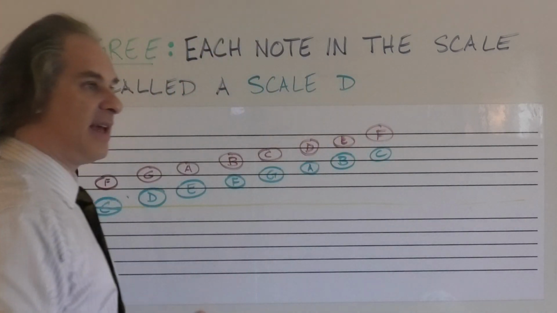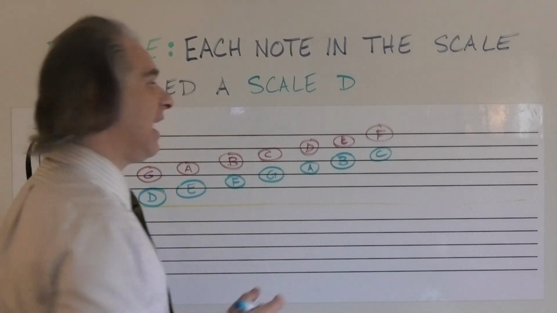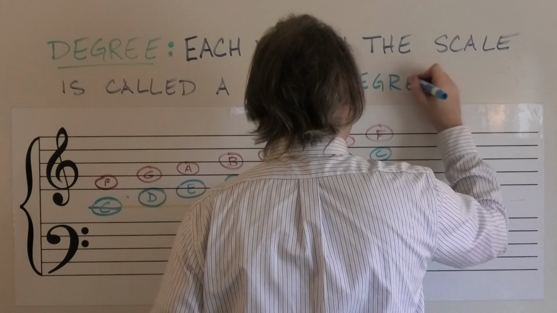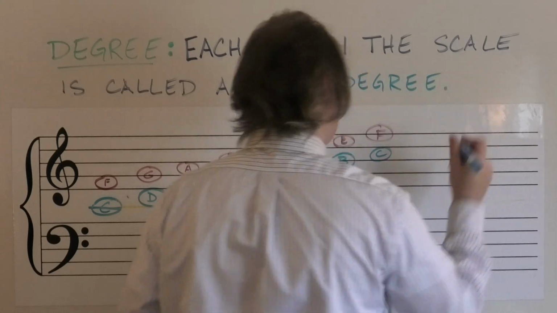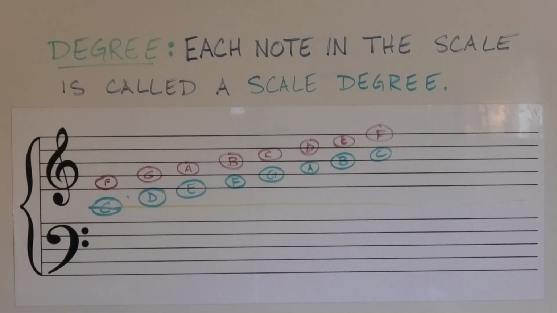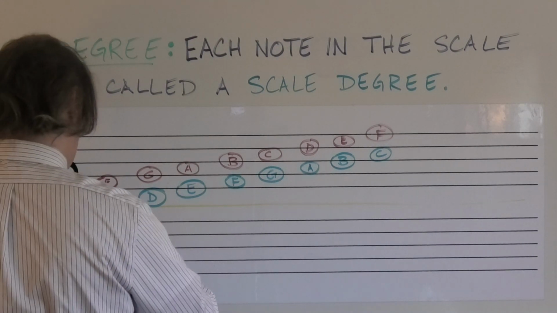And in this case, scale would be an adjective and degree is a noun. Scale degree. So for the C scale, C would be scale degree 1.